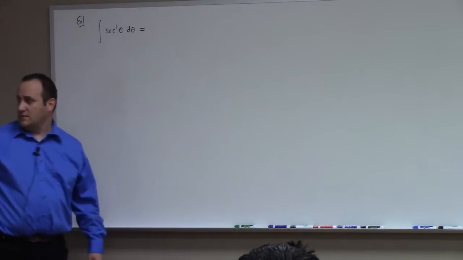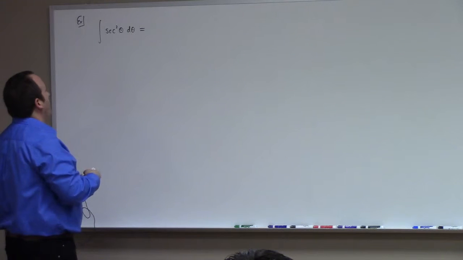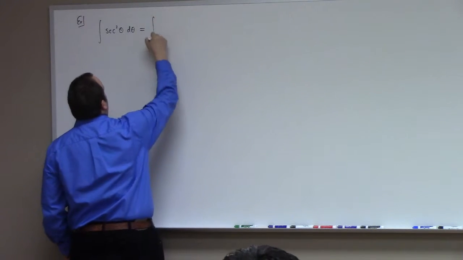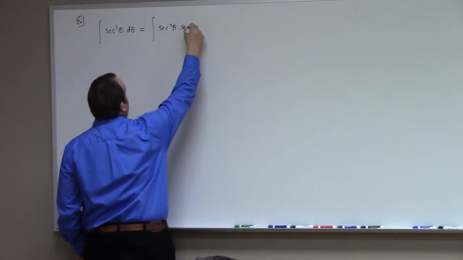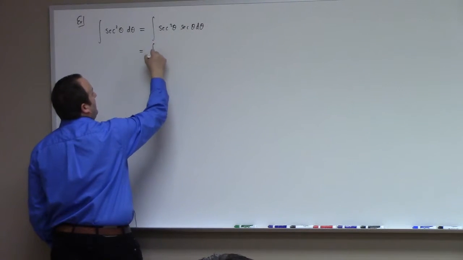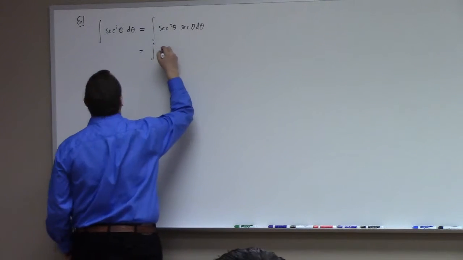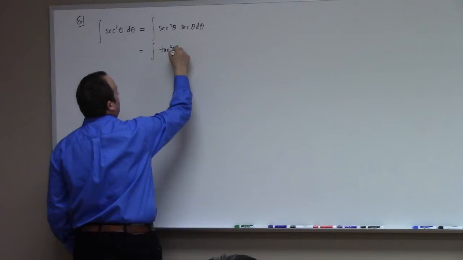All right, so how should we try to do this? I guess what I might do is try something like, this is the integral of what? Secant squared theta times secant theta d theta, which is what? Let's see, we just said tangent squared theta plus 1.